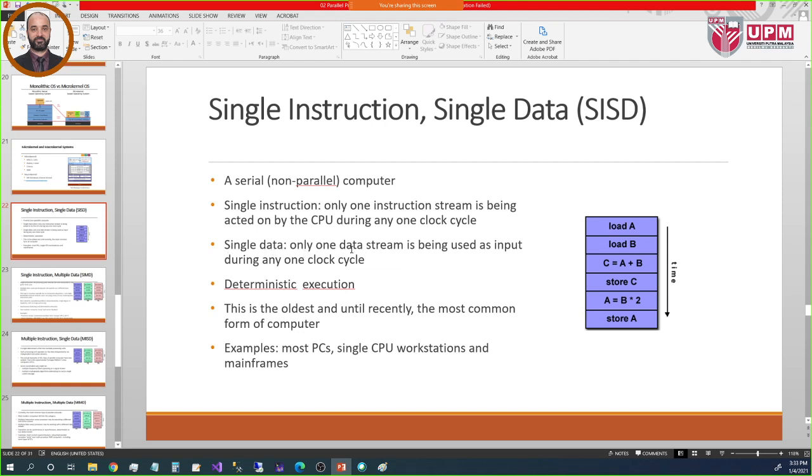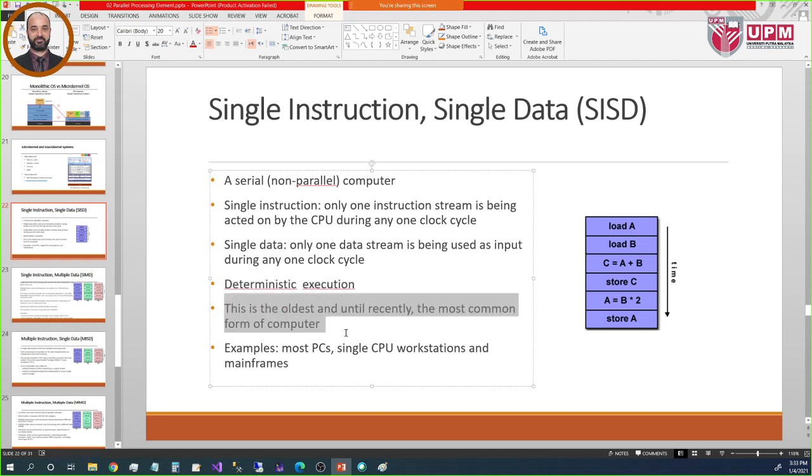Single data, only one data stream is being used as input during any one clock cycle. This is called deterministic execution. This is the oldest and until recently the most common form of computers.